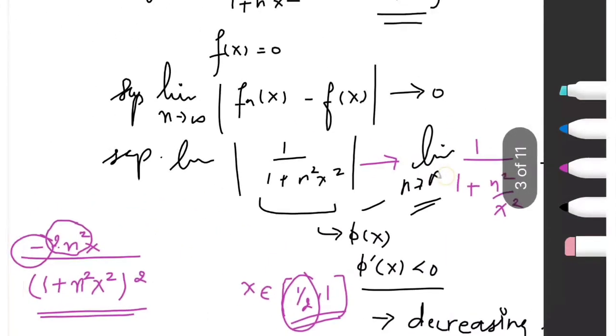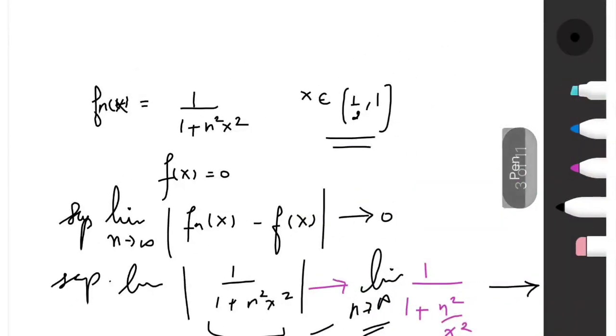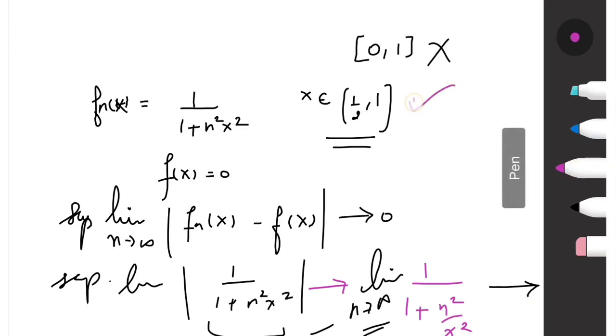So we can say that although this function is not uniformly convergent in the earlier interval, it is uniformly convergent in this interval. I hope you got the idea of checking pointwise and uniform convergence.